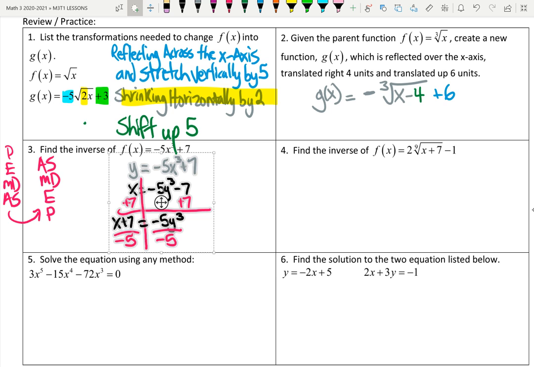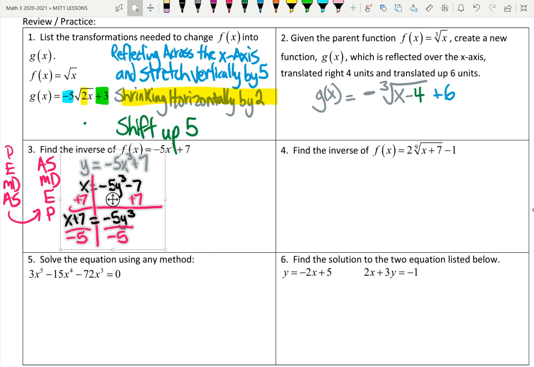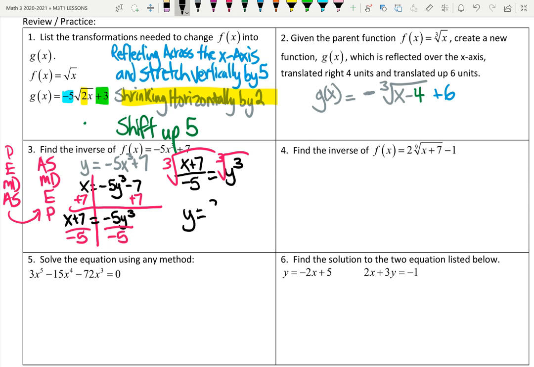What this is going to lead me to have is that on the left side, I'm going to have x plus 7 divided by negative 5, and then it's going to be equal to y to the third. And I have to take the cube root of both sides. Y is equal to the cube root of x plus 7 all over negative 5.